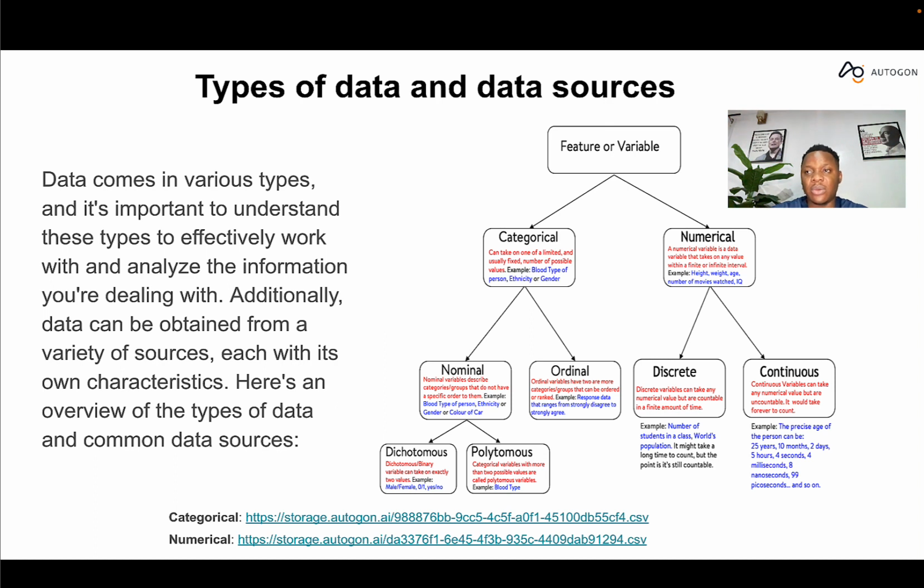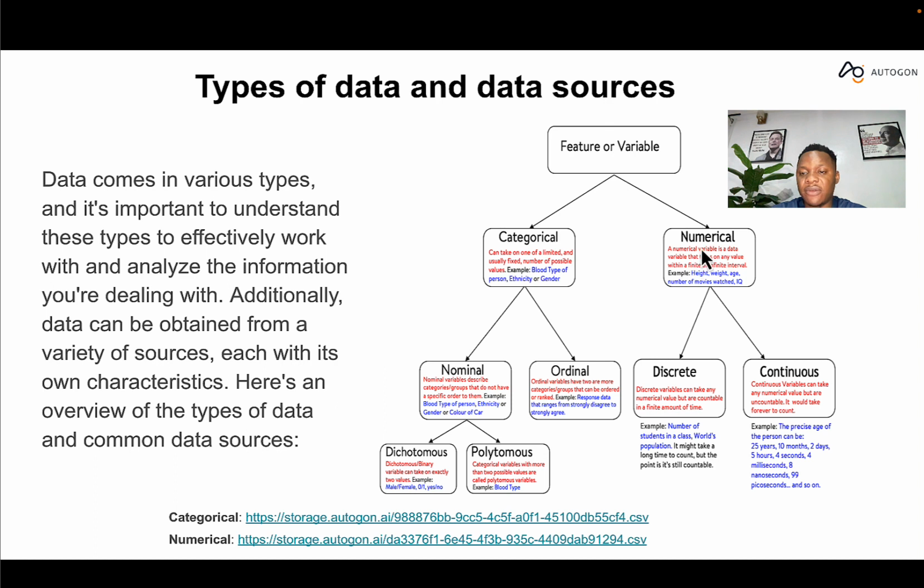Yes, because the 1, 2, 3 all represent classes and not real numbers, not an ordinary numeric number, but a categorical number. So yes, you can see it can take one of a limited or usually fixed number of possible values, like the class. Example: blood type of a person, ethnicity, gender, true or false.